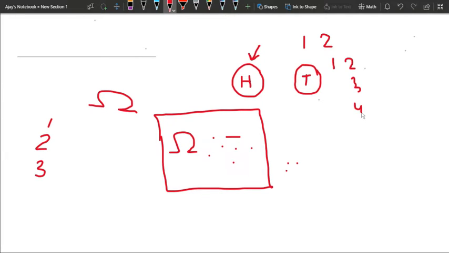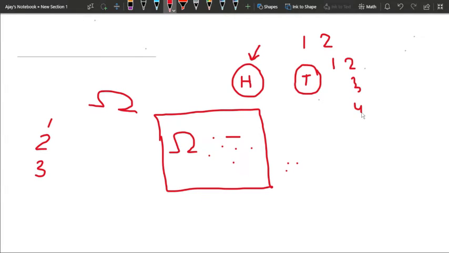So another possible outcome is head and no rain. So this is a very legitimate sample space for this experiment.